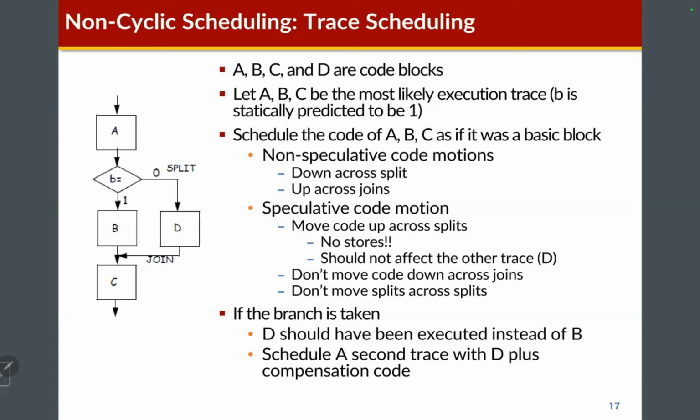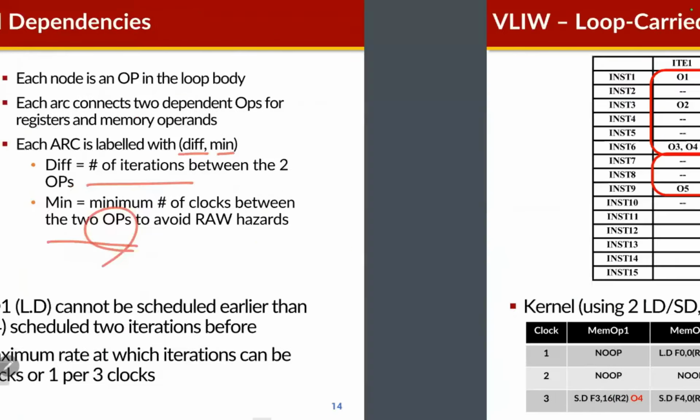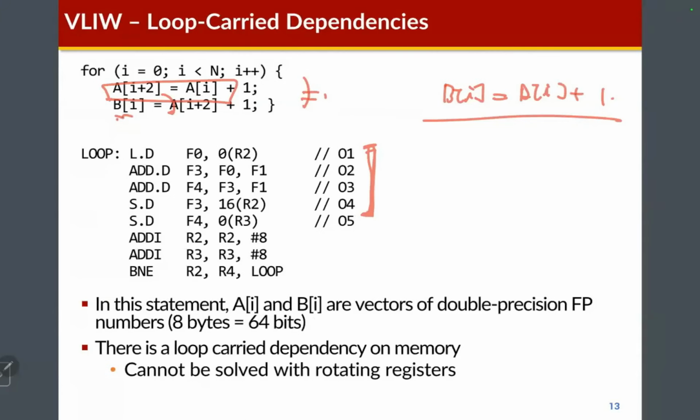So just remember that VLIW is a new type of processor, and the burden of the hardware part is moved to the software part, like the compiler. The compiler needs to analyze the code structures and instructions, and then apply optimization techniques by adjusting the order of instructions, loop unrolling, and software pipelining.